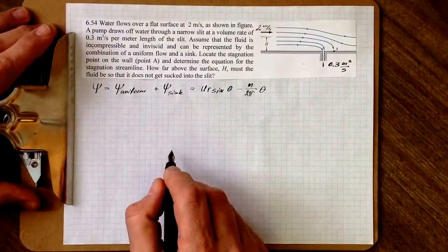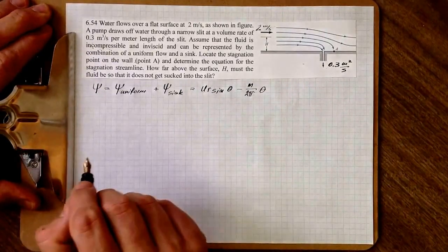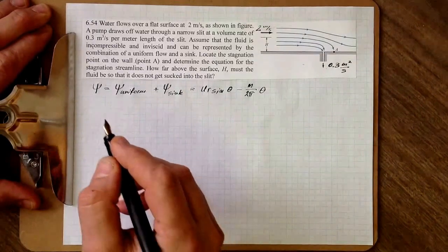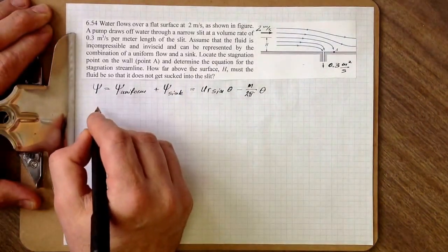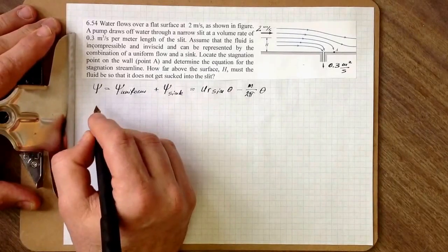So from this we can readily obtain the velocity components, or rather the radial and angular velocity.